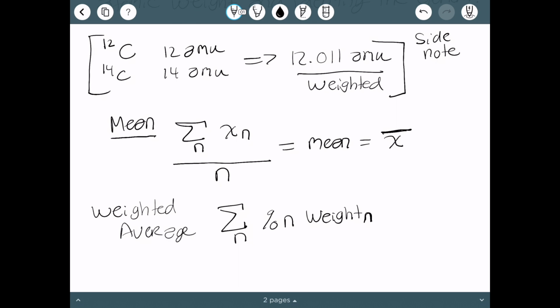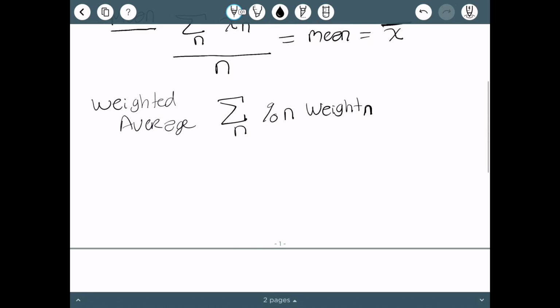So sum up all of your atomic weights multiplied by their relative percentage, and this equals the weighted average. So it is this weighted average formula, I'll put a star by it, that we need for this particular problem.